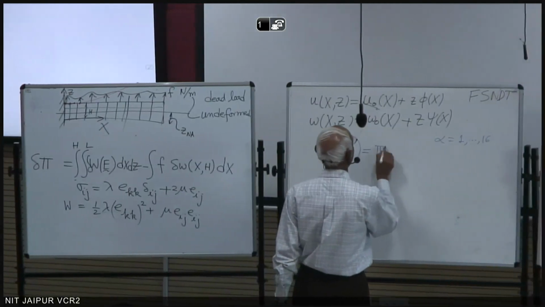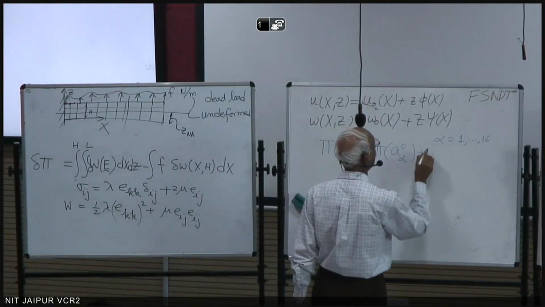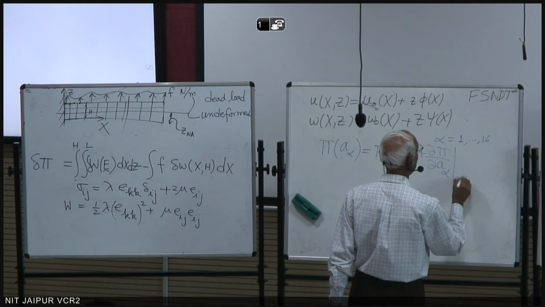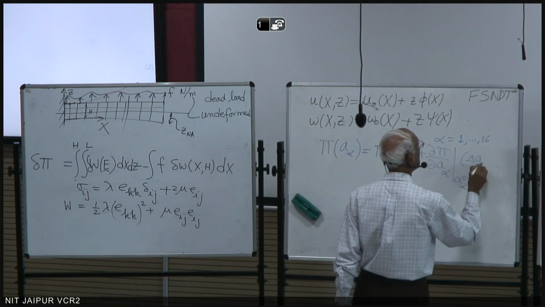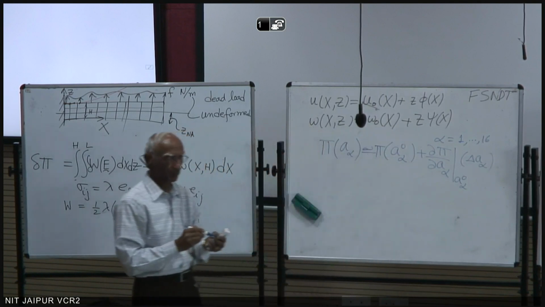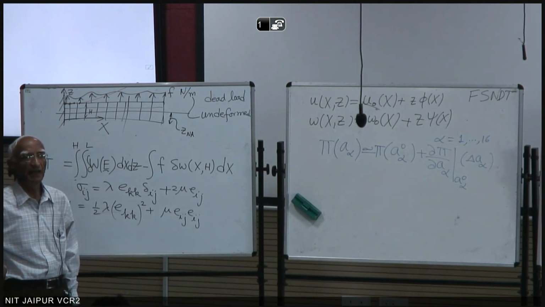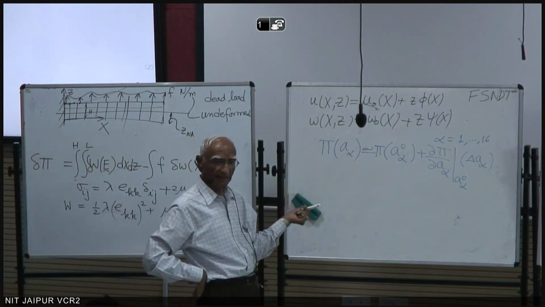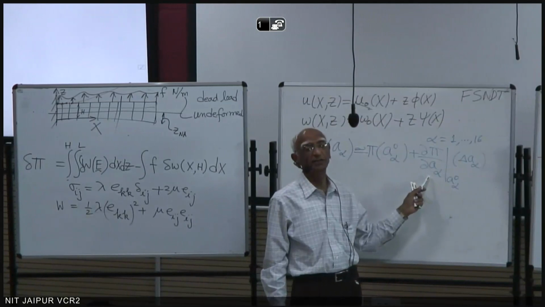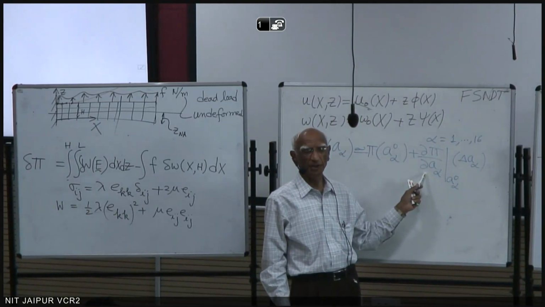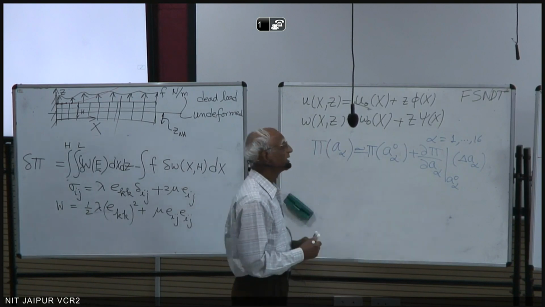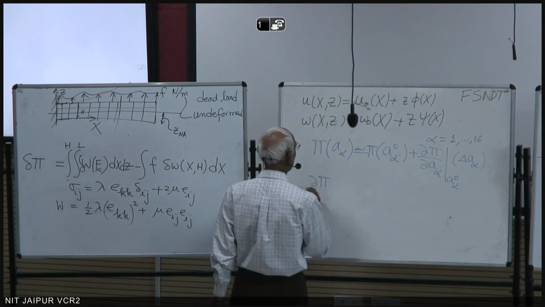I expand this in terms of Taylor series. If my initial guess is correct, this really should be 0, because for the minimum, the first derivative should be 0. But probably it won't be 0. So what we have to do now is find when this quantity will be 0.